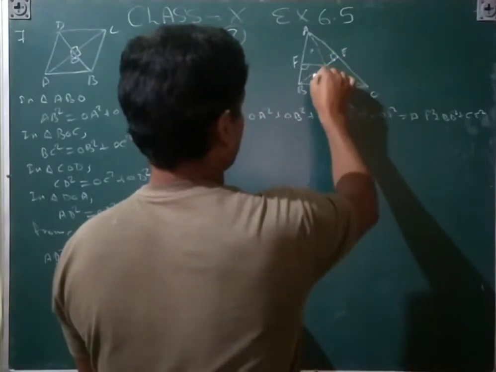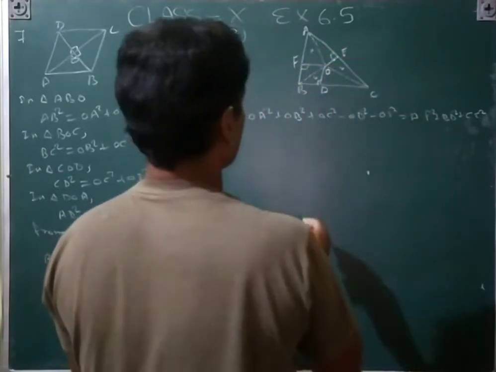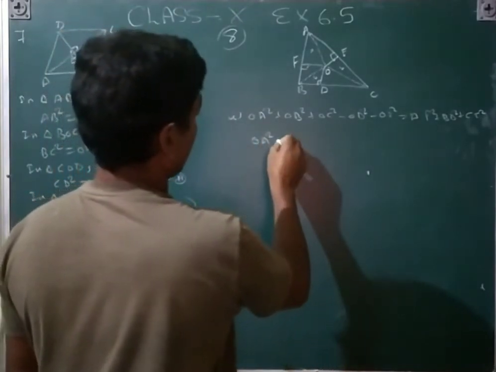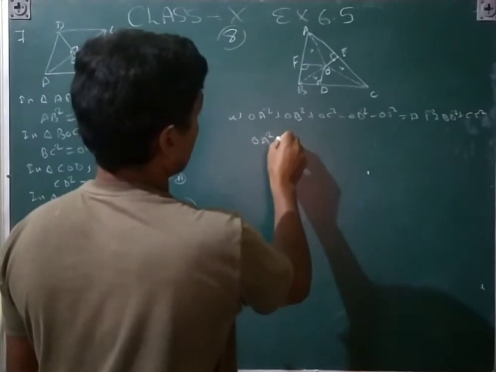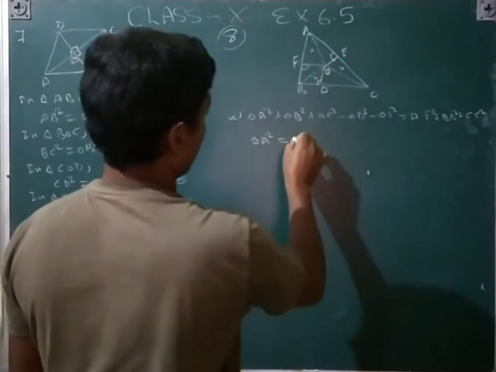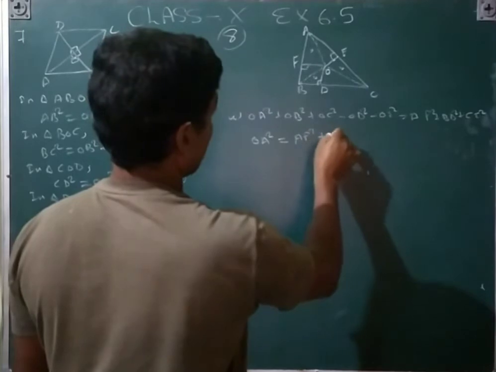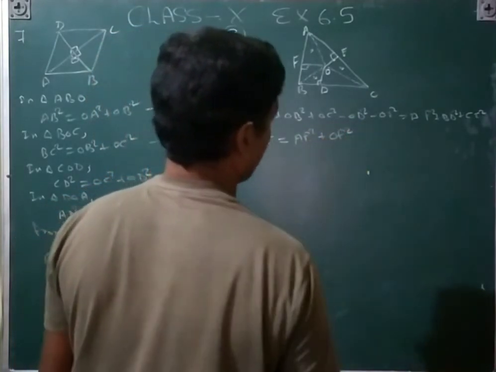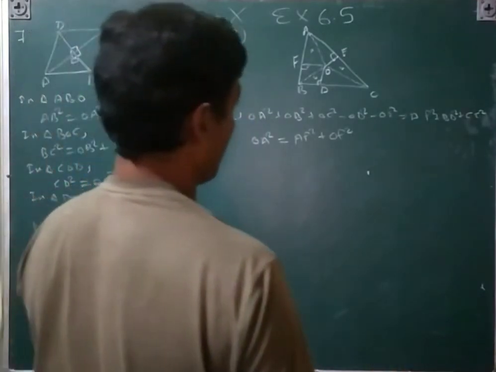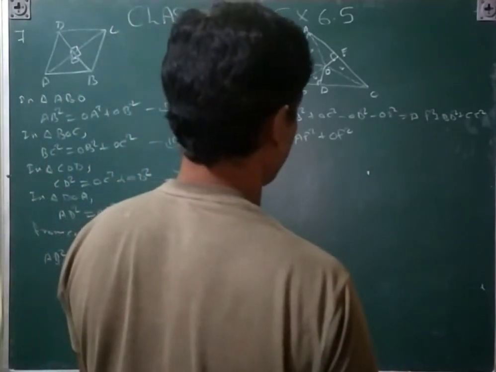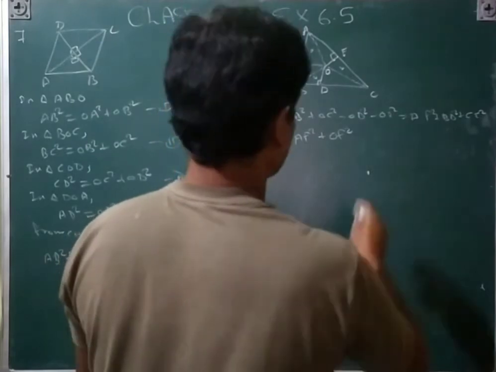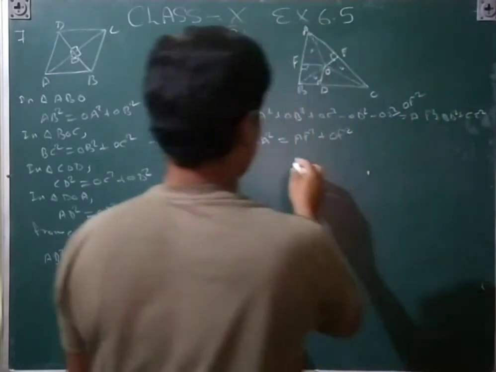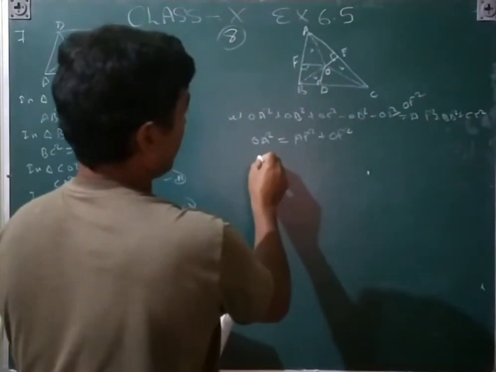So this triangle, this triangle and this triangle we will take. OA square is equal to AF square plus OF square. Something is left here, plus OF square.